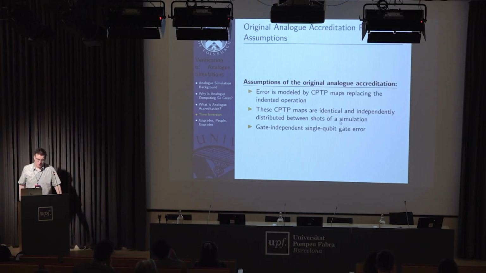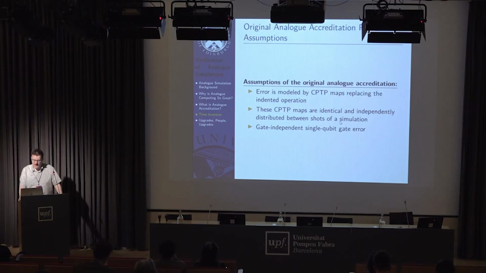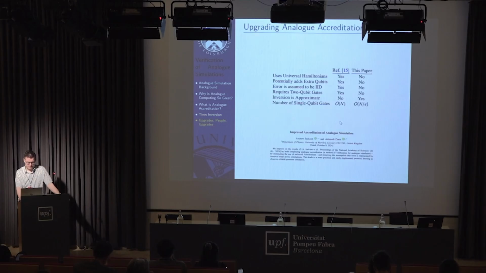We do have to assume that if you run the same simulation multiple times, you're going to have the exact same CPTP map, which is maybe slightly unphysical, but we needed that to begin with. And we need the single-qubit gates to have error that's independent of the actual gate that it is. So it can depend on where and when in a circuit it is, but the error map itself can't depend on whether you've got an X gate, a Y gate, a Z gate, whatever the case may be.